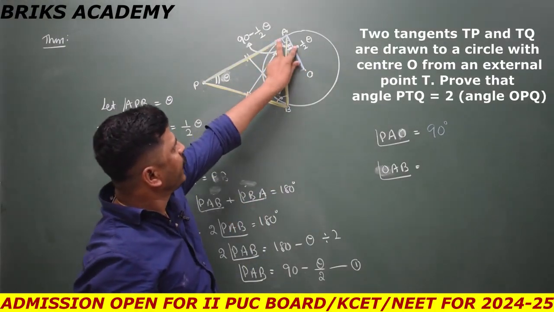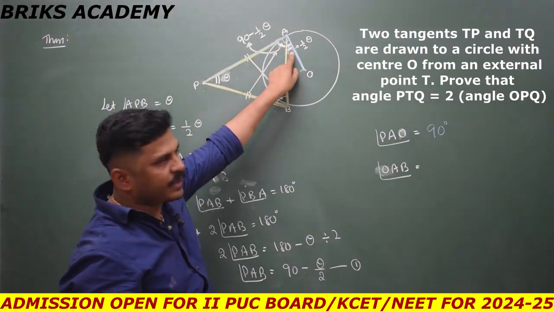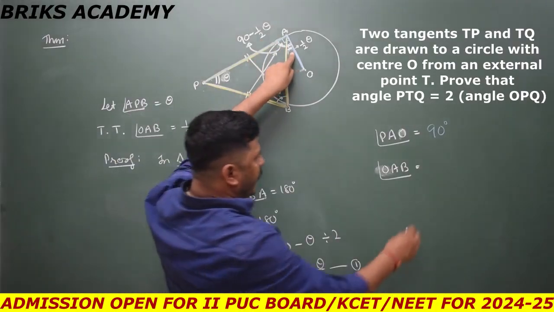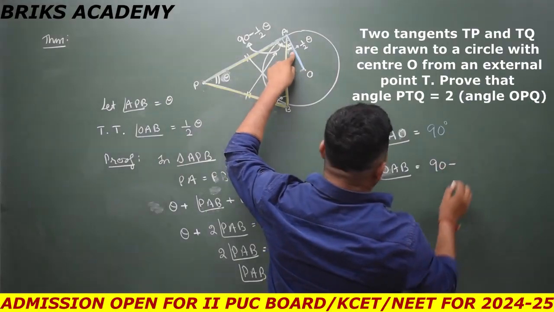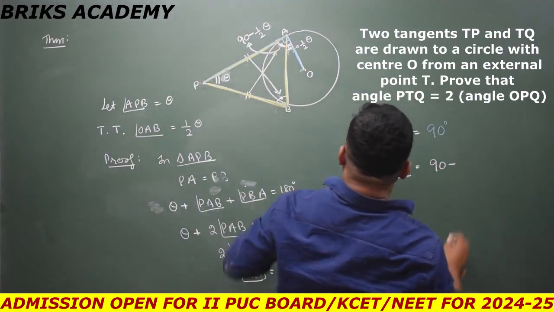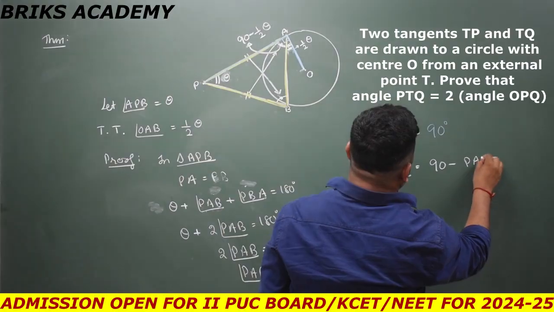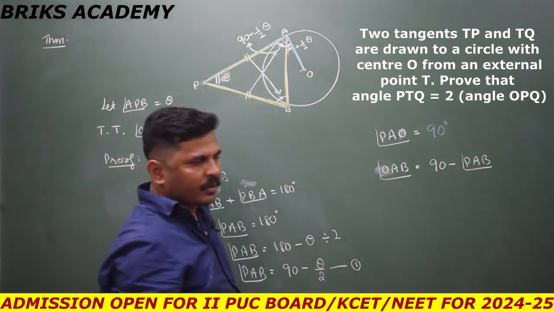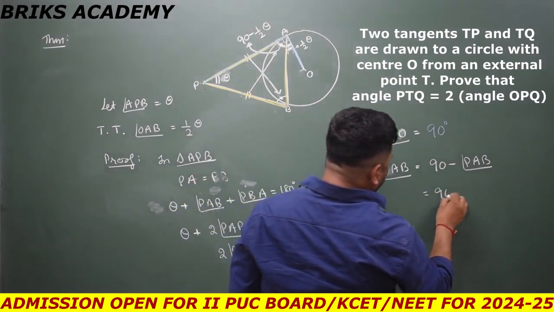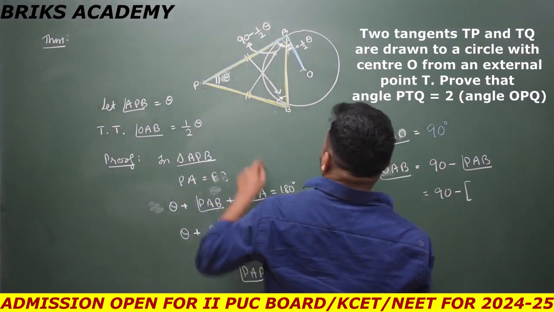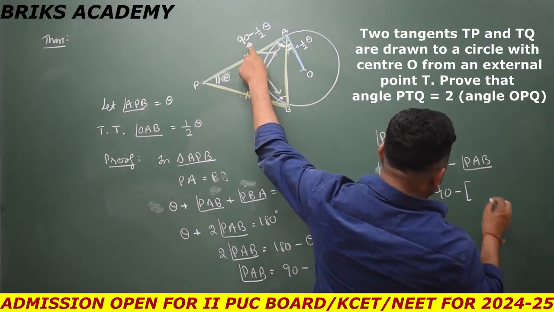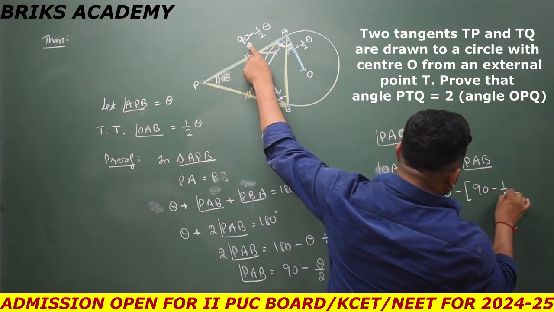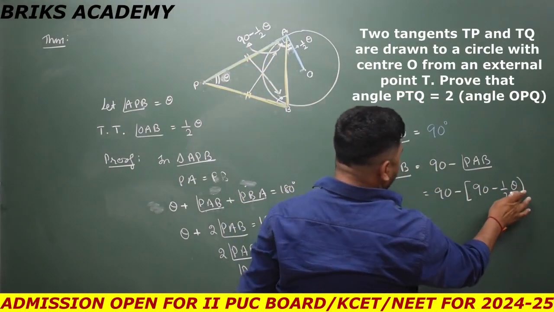The total is 90, and if this angle is removed, what remains is this. Is it 90 minus PAB? Which is equal to 90 minus what is PAB? 90 minus half theta, right?